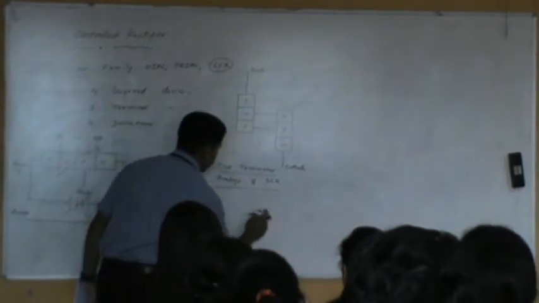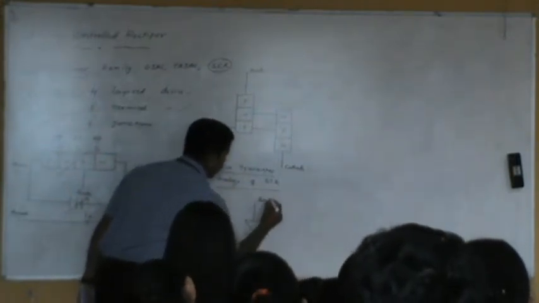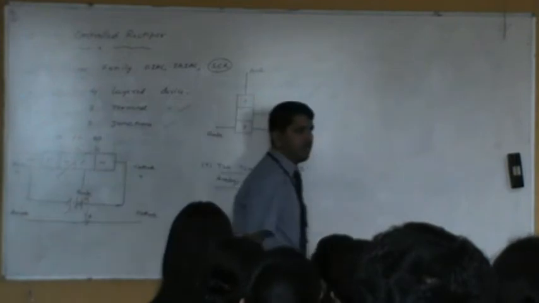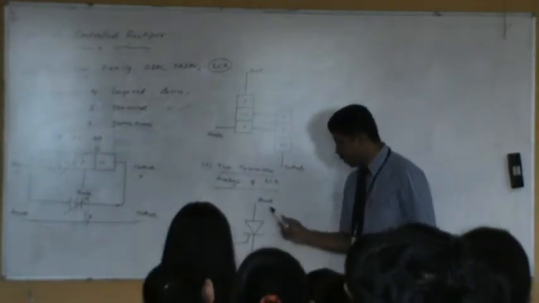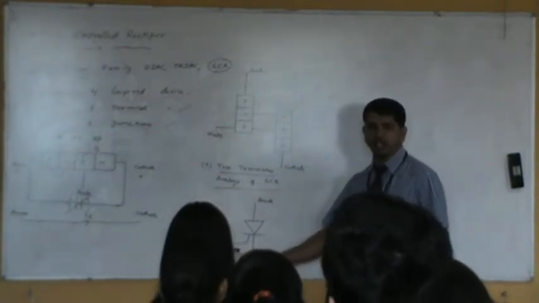The symbol for SCR is similar to that of a diode, where we have the anode and cathode terminals, and the current flow is controlled by the third terminal called the gate. The only difference between a diode and an SCR is that there is a gate terminal, which you don't see in the diode.